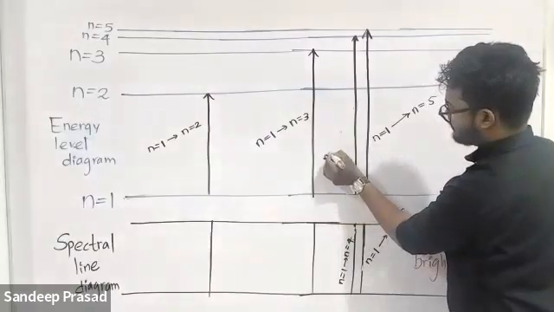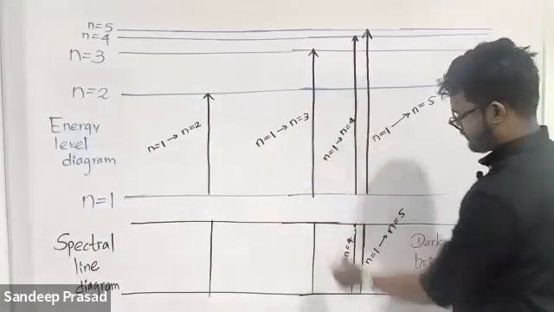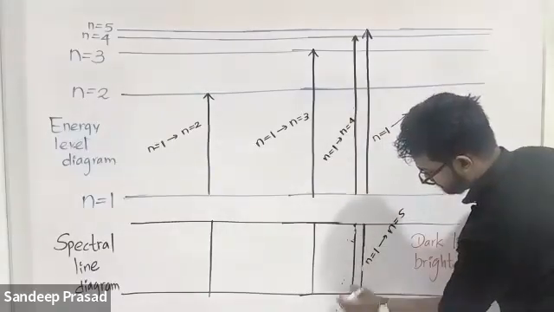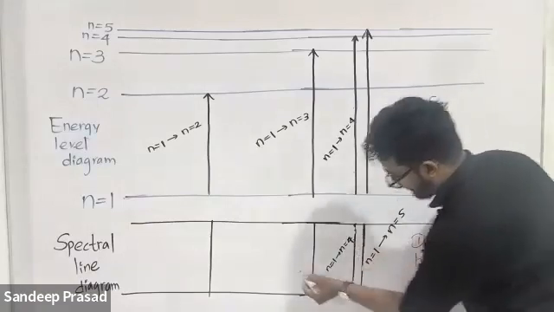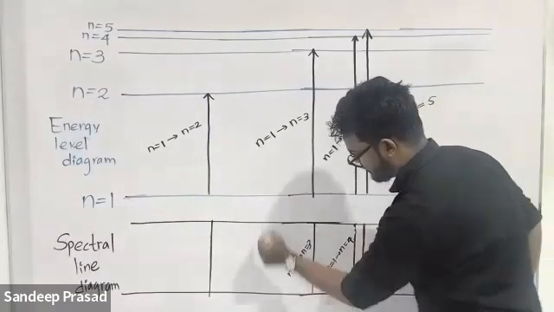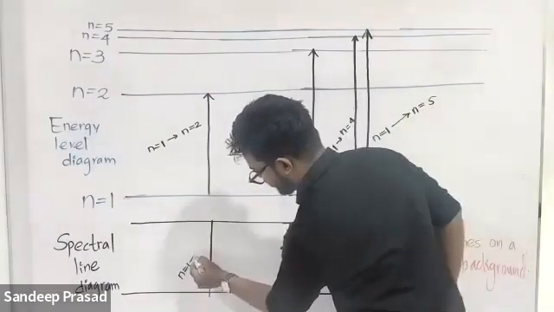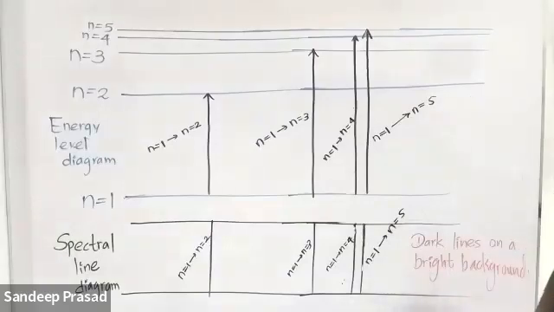This is n equals 1 to n equals 4. Then n equals 1 to n equals 3, and n equals 1 to n equals 2. Can you understand what happened now?